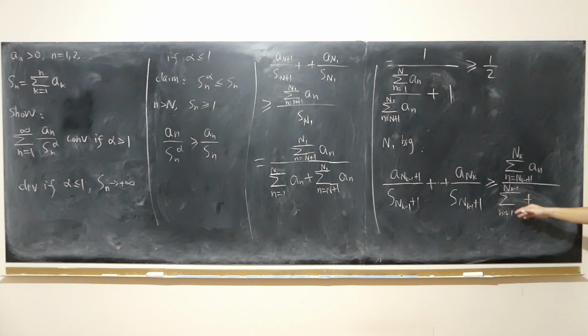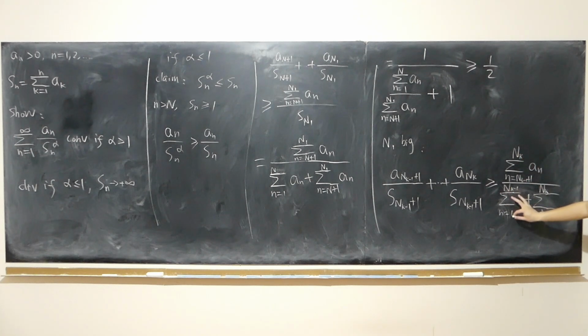So again, just the abbreviation. The second sum is n should go from this subscript, capital N sub k minus 1 plus 1, up to capital N sub k, right? So that this sum is the same as this sum.